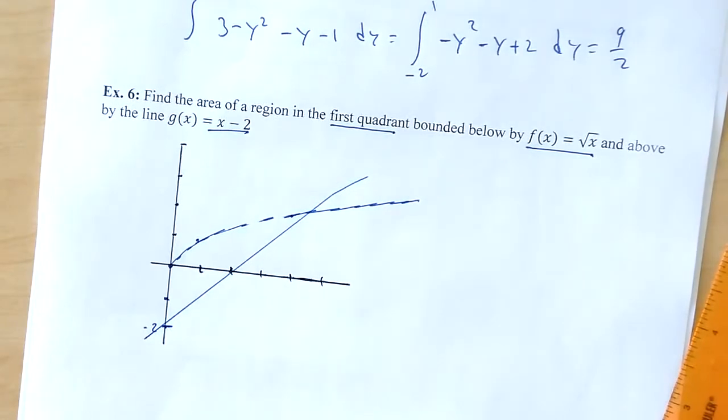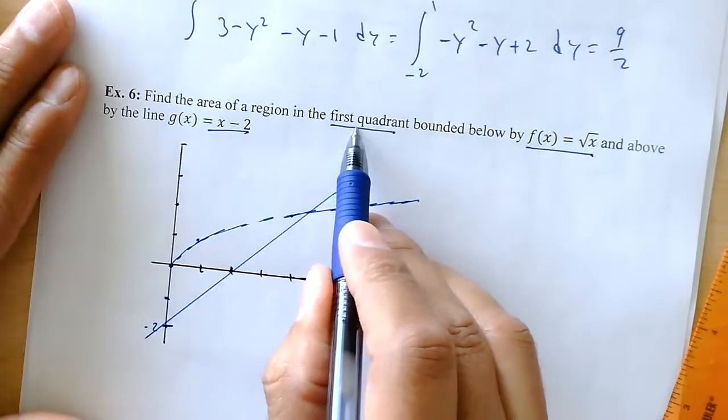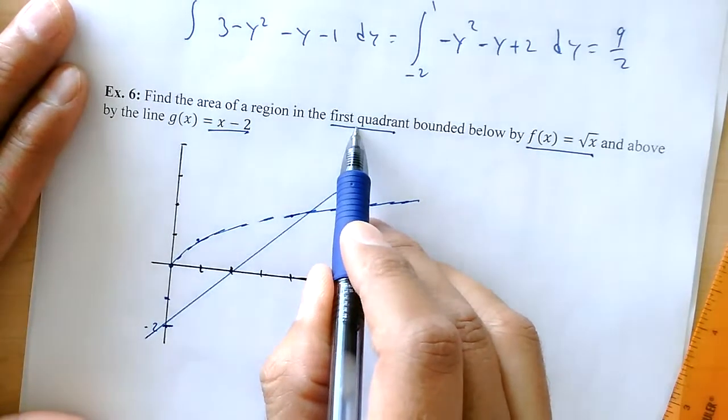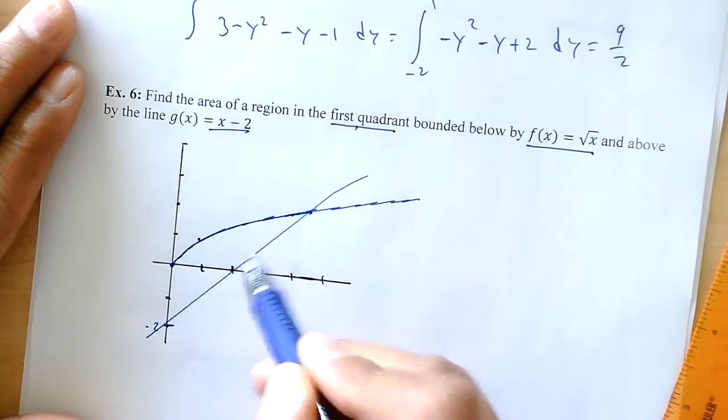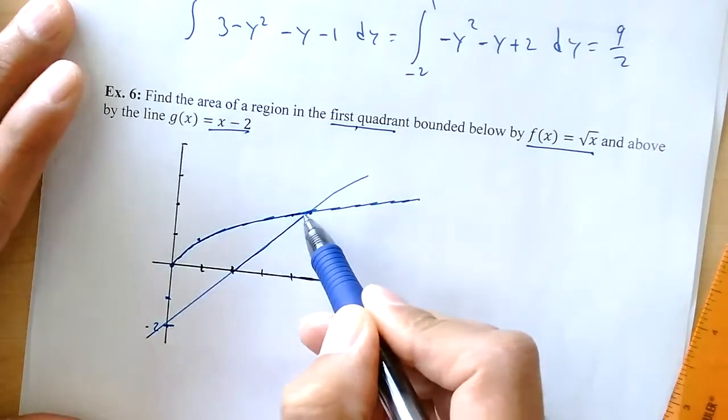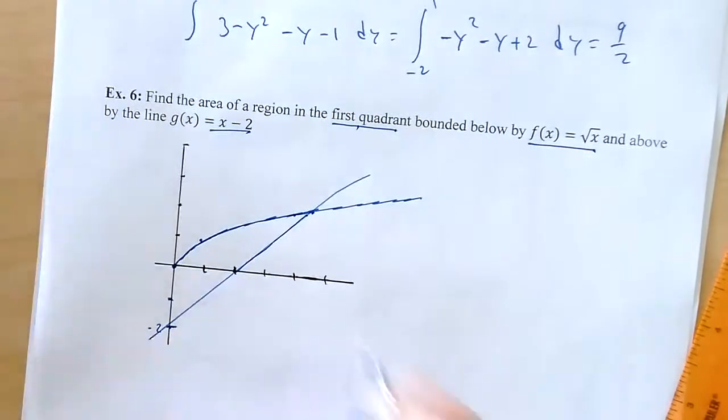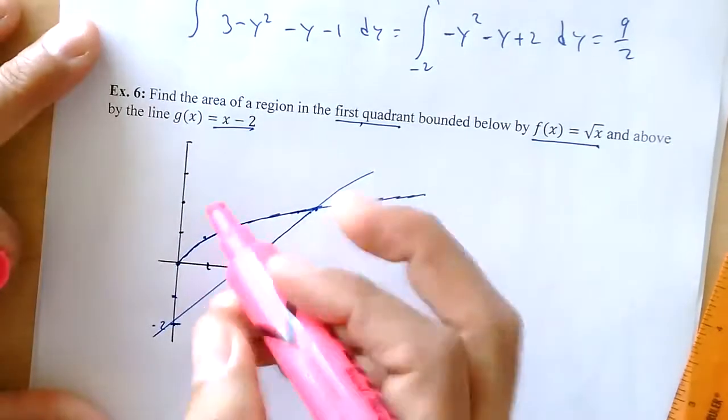So now, what region am I looking for? In the first quadrant, below that curve and above that line. So I think I'm only going to find this area right here.